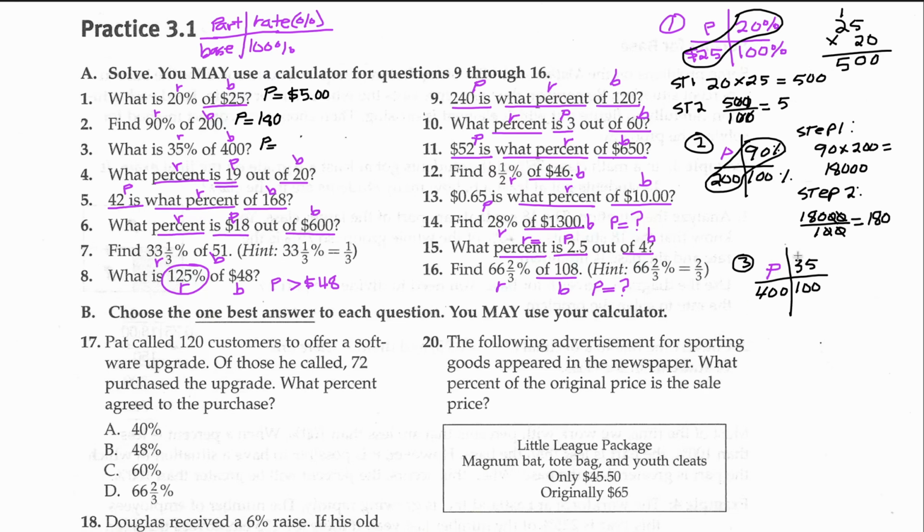Okay, in order to find P, remember we multiply diagonally the 2 that are given. So we have 35 multiplied by 400. So the way I do it is, okay, remember this is step 1.